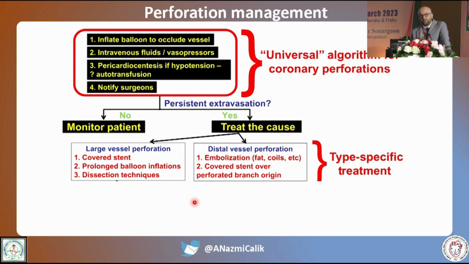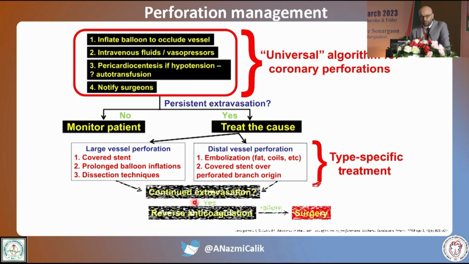For large vessel perforations, as we did in our case, you can use a covered stent or prolonged balloon inflations, but for distal vessel perforations, you have to embolize the vessel distally. You can use fat or coils for this specific type of treatment, or you can just put a covered stent over the perforated branch origin.